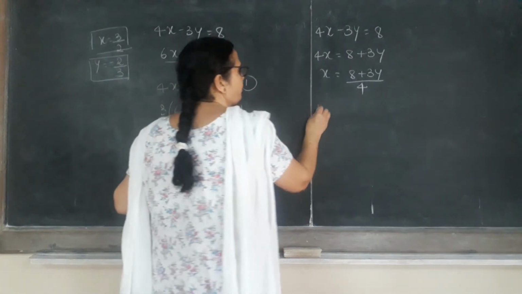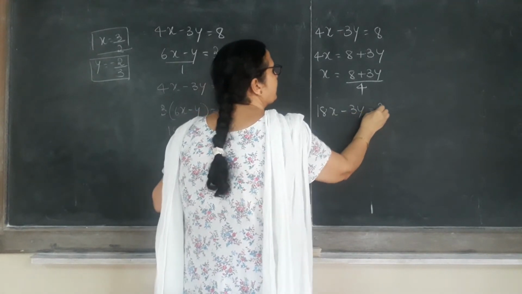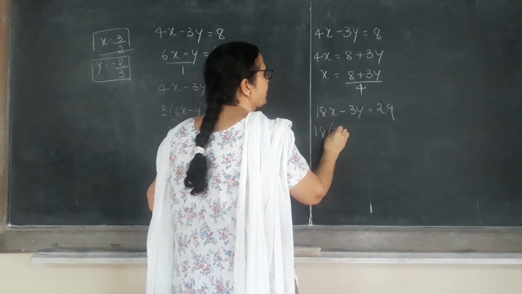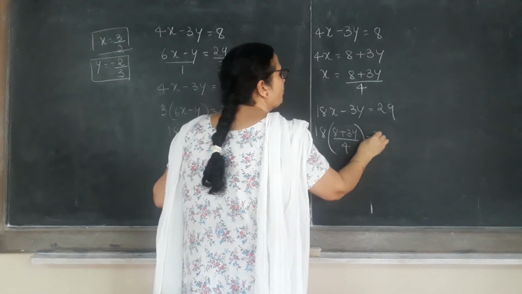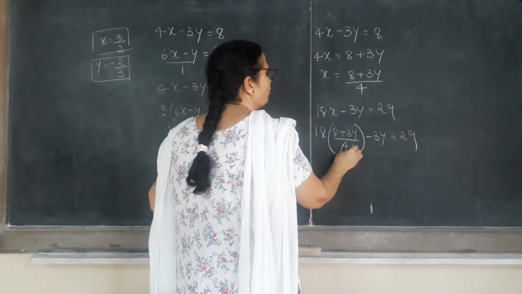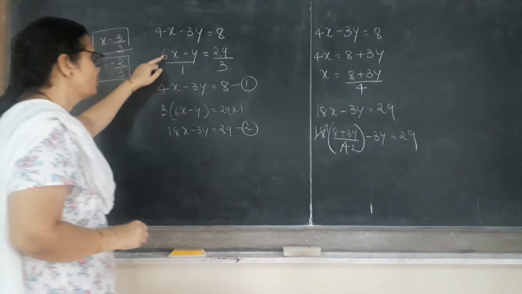What is this equation? 18x minus 3y is 29. 18x, x can be written as 8 plus 3y upon 4, minus 3y is 29. 2 2s are 2, 9s. Yes, substitution I am going.